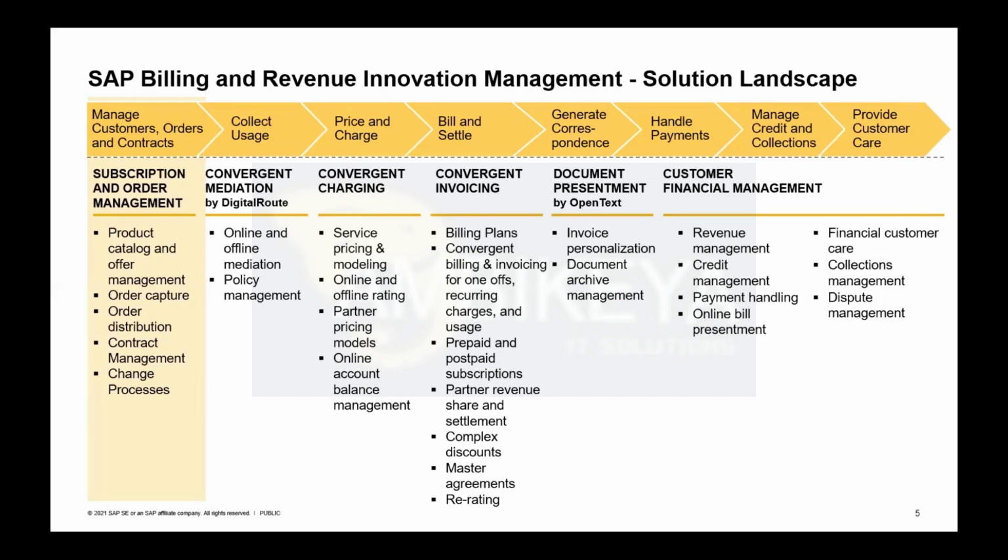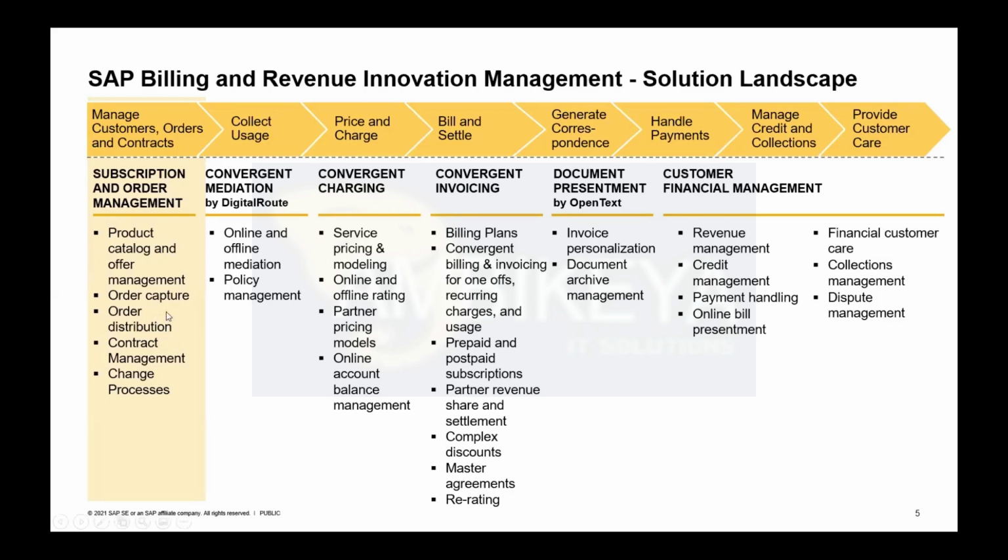Then the next step is that we create a subscription contract out of these subscription orders. This is then the life cycle of the subscription contract. That is what we follow in our solution.